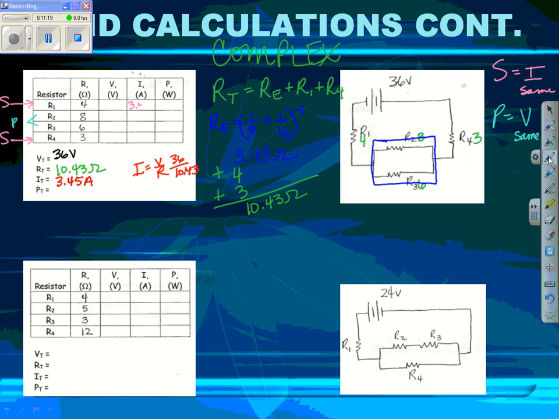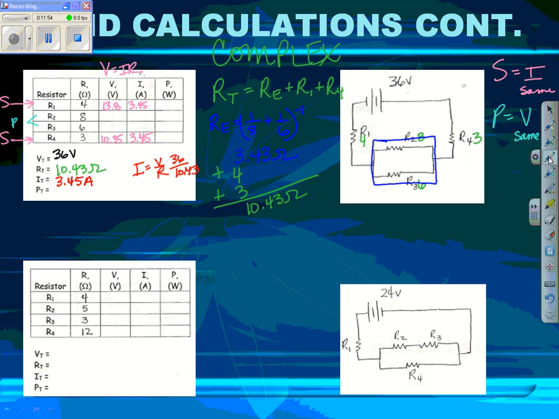So this is going to be 3.45 and 3.45 on resistor 1 and 4 because they're both series. Now I can use my V equals IR to solve for the voltage of each of those. So I'm going to multiply 4 and 3.45 and get 13.8 volts there. And 3 times 3.45 is going to give me 10.35 volts there.